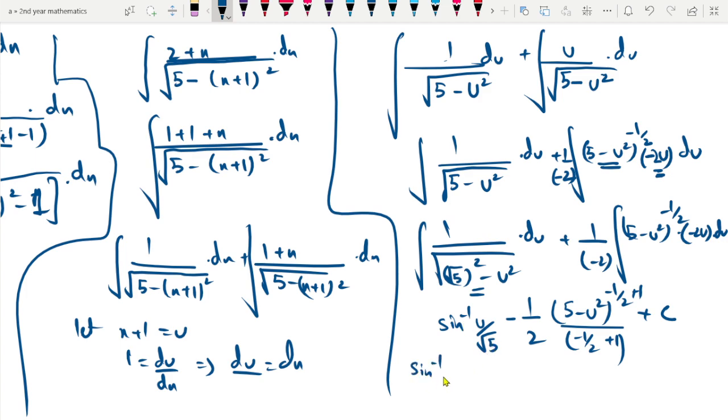So sine inverse of (x plus 1) divided by under root 5, and after solving this one, minus 1 plus 2 divided by 2.